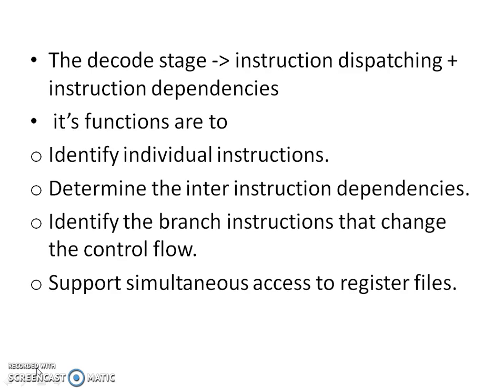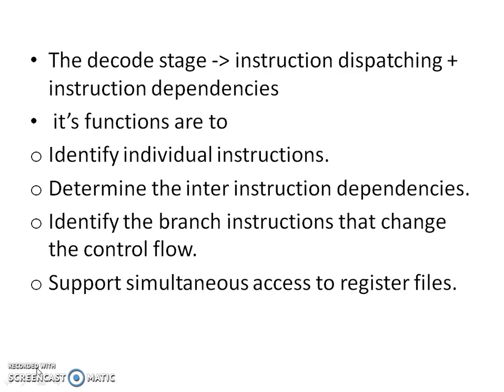We analyze the dual-issue Leon 2 model, which enables two instructions to go through the different stages of the pipeline simultaneously. The decode stage of this model deals with instruction dispatching and instruction dependencies.